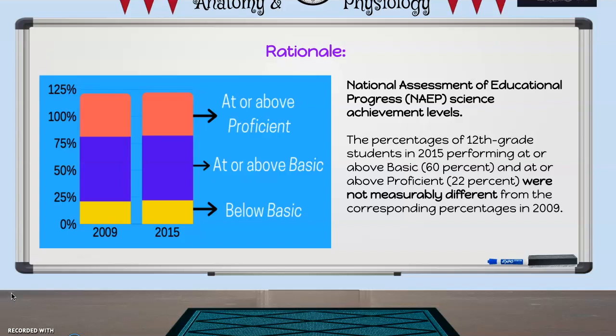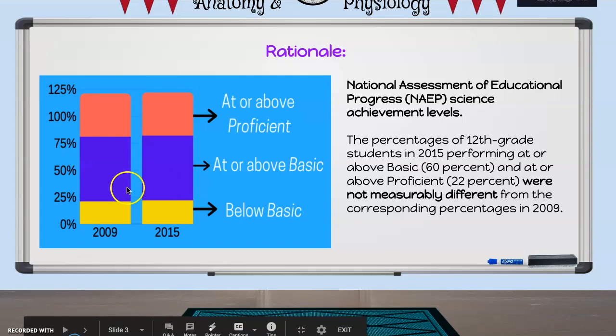If you look at this graph created by the National Assessment of Educational Progress Science Achievement Levels, it shows that the percentages of 12th grade students in 2015 performing at or above basic is 60%, right in this range, and at or above proficient is 22%.